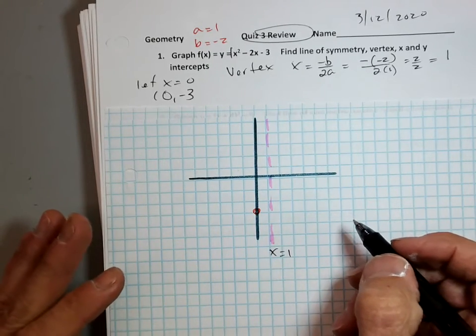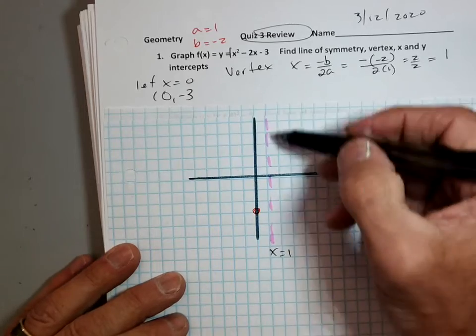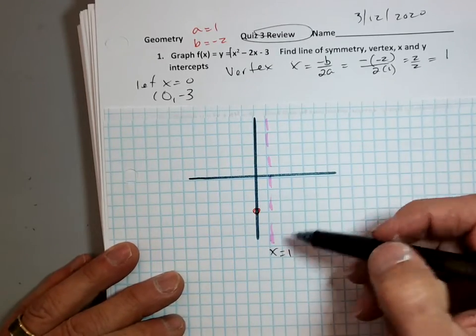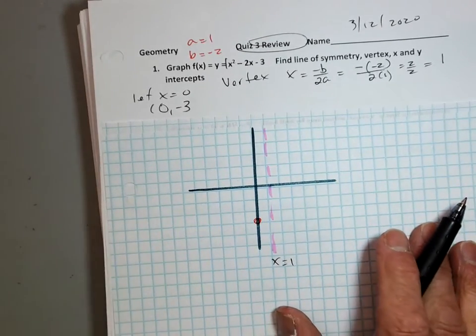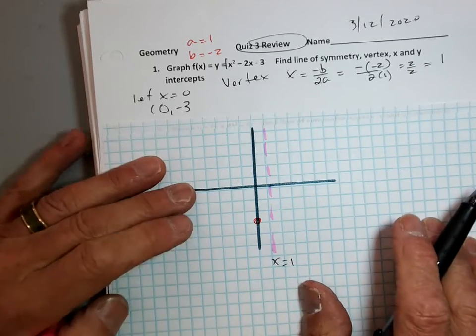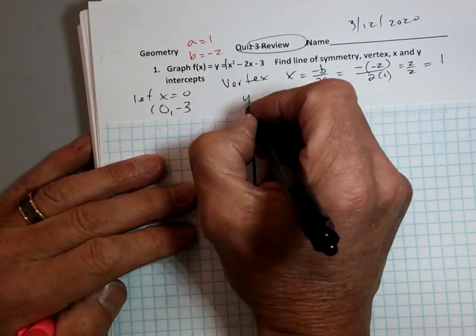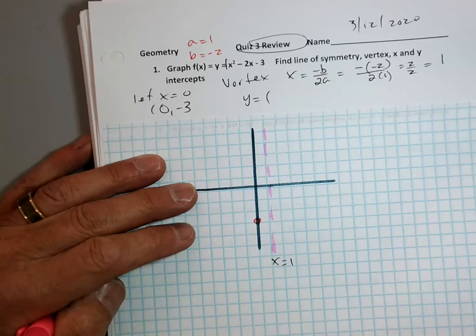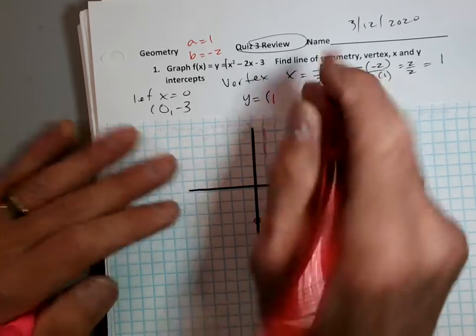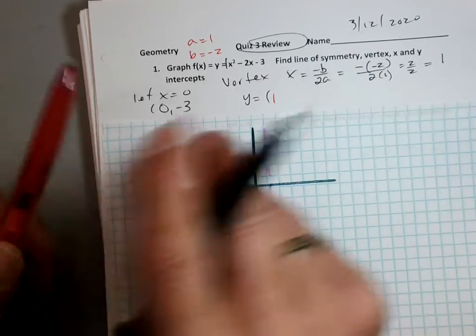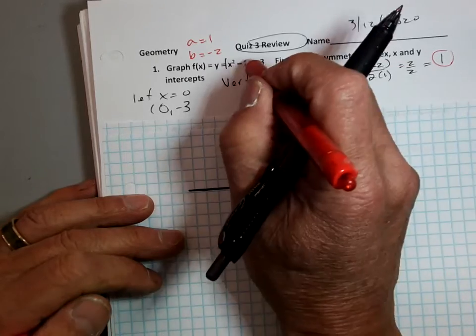Now, my vertex has to lie along this line. So to get the corresponding y value, I plug it in. So I'm going to go y equals, parentheses, 1, just plug in 1 for x.